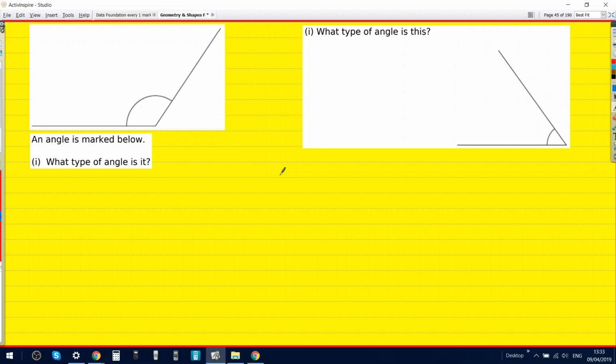Okay, any idea about these? The angle marked below. What angle is it? So it's obtuse. Correct. The one on the right? One on the right is just a right angle. No, is it a right angle? That would be if it was straight up.